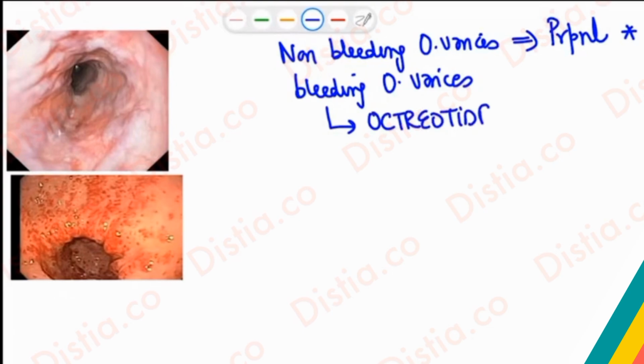So I'm going to start the person on an infusion of octreotide. Apart from this, in some MCQs, he may not have octreotide in the options, then the answer would be terlipressin. As I've highlighted, all the data that I'm going to give you is in decreasing order of importance. So first it is octreotide, then it's going to be terlipressin.